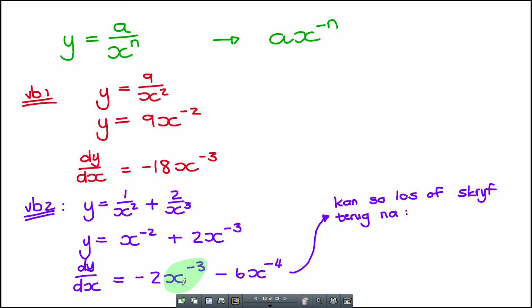Nee? En selfde storie hierso. Nee man? That's going down, yes. Okay, right, so, hy gaan dan wees, dy over dx will be equal to minus 2 over x cubed minus 6 op x tot die mag 4.